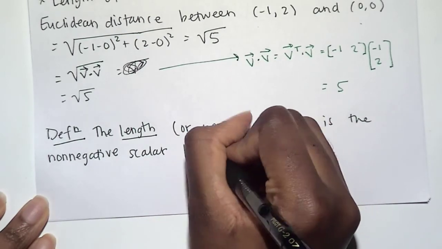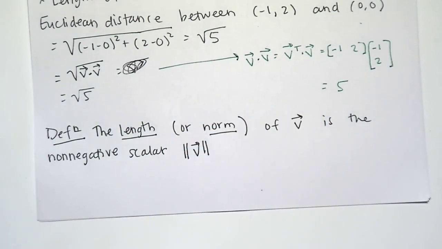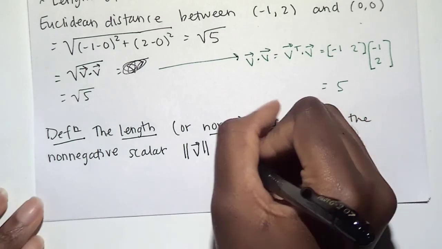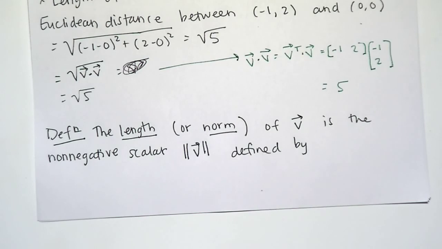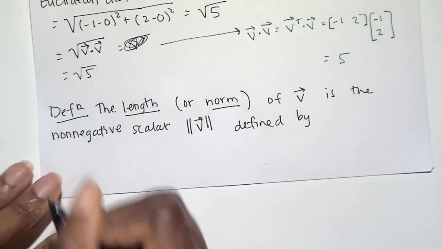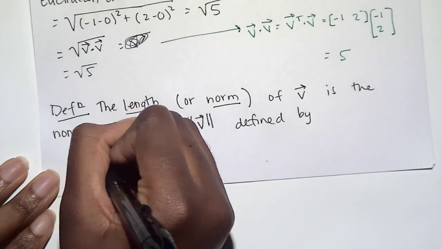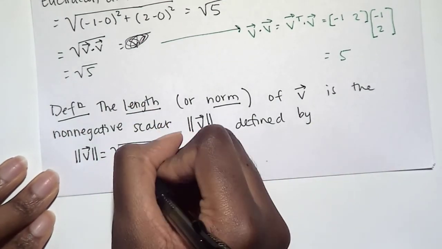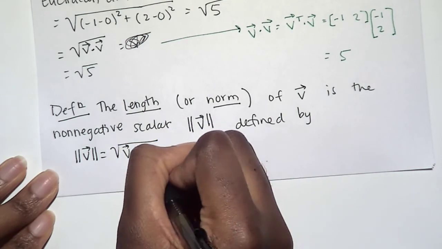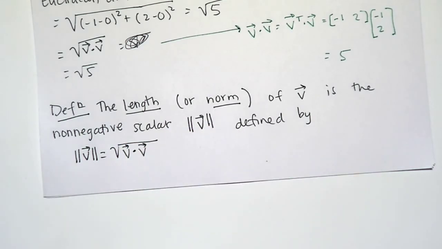So it almost looks like 2 absolute values. The norm of v is defined in this way. The norm of v is the same as the square root of v dot product with itself.